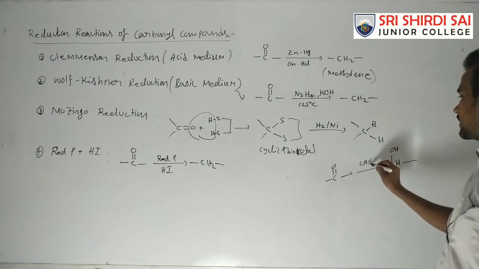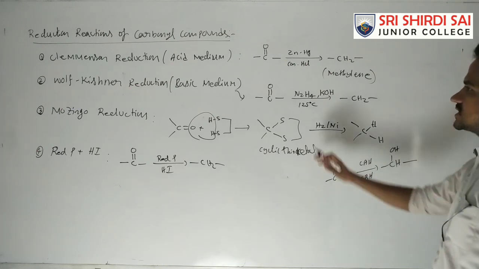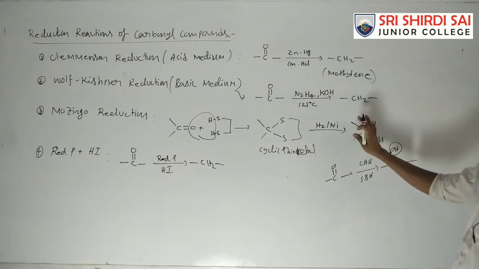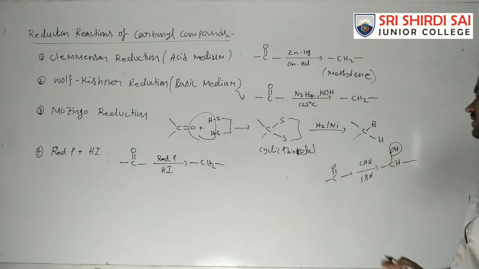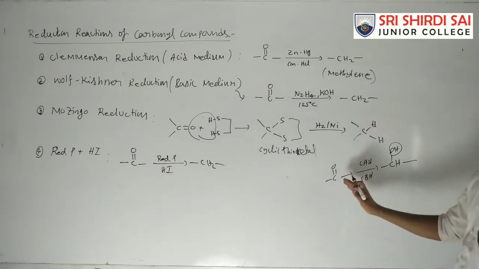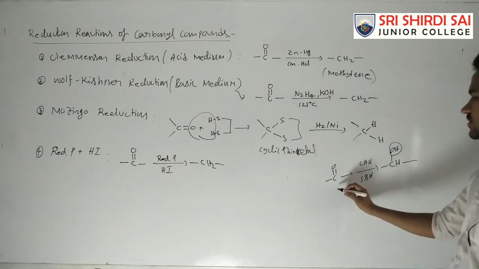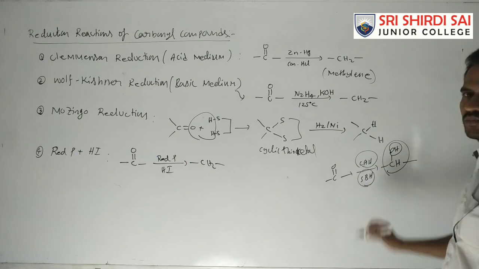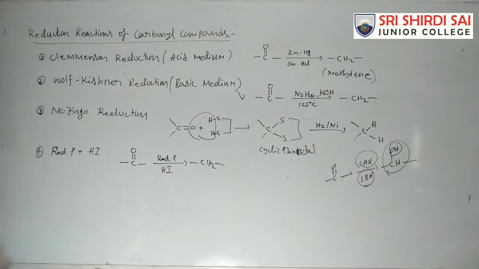There, an oxygen is still present, but here there is no oxygen; here is complete removal of oxygen, so it is a complete reduction reaction. And there we can say it is a partial reduction reaction, in which carbonyl compounds are converted to just alcohols by treating with lithium aluminum hydride and sodium borohydride. Okay, so write down.